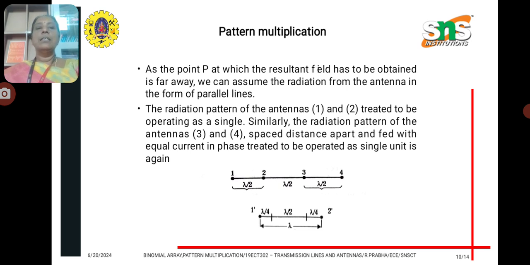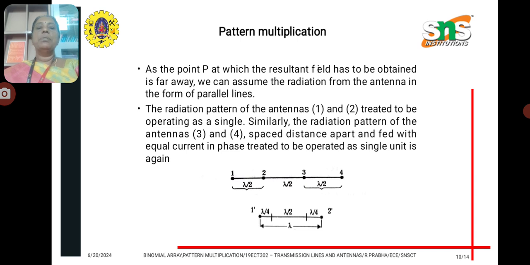For getting the group pattern, the total distance is added: lambda by 4 plus lambda by 2 plus lambda by 4. So totally the distance between the units is lambda.